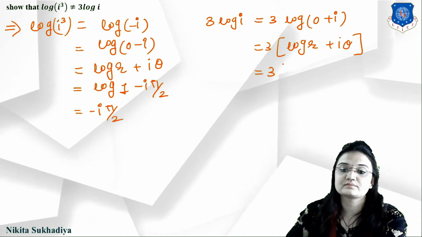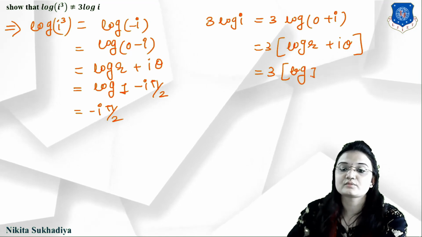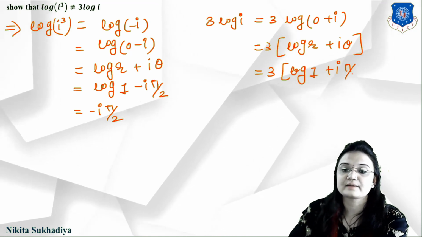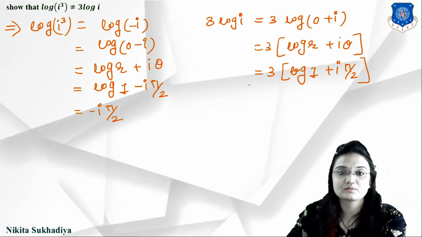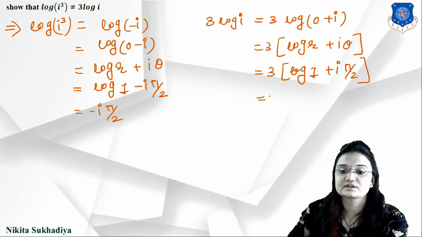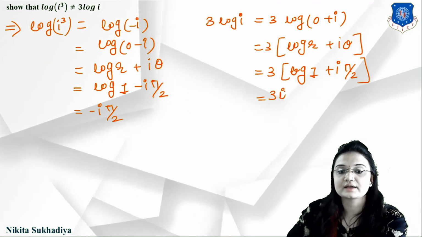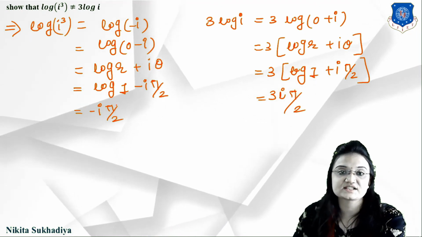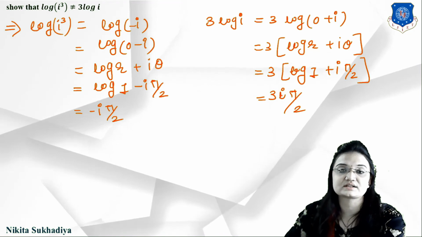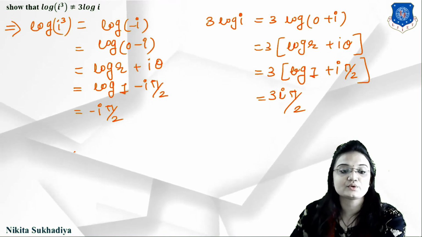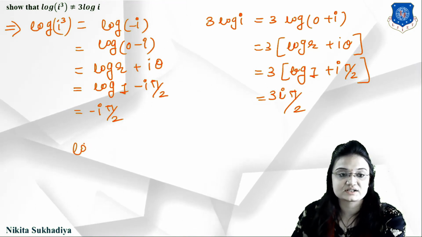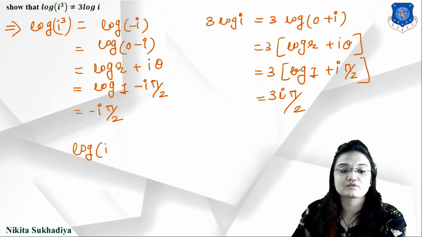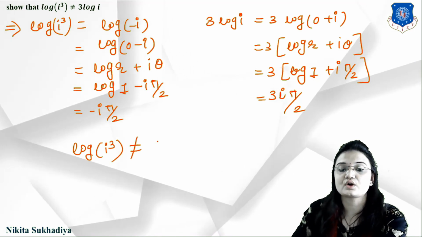So this will become 3(log 1 plus i π/2), and log 1 is 0. So this will become 3i π/2. You can clearly see that here we have minus i π/2 and here we have 3i π/2. So from LHS and RHS we can say that log of i cube is not equal to 3 log i.